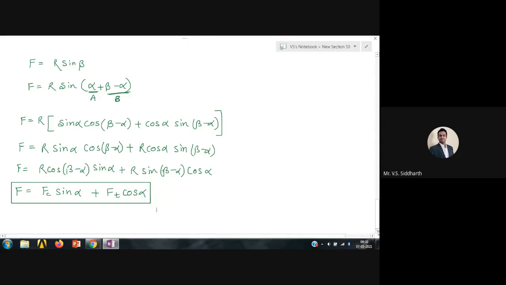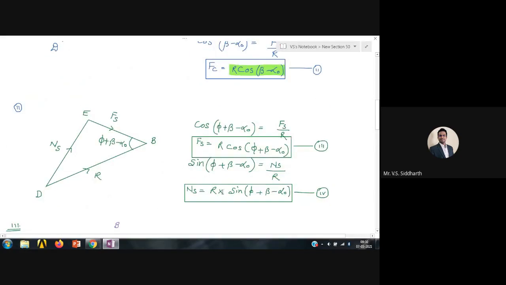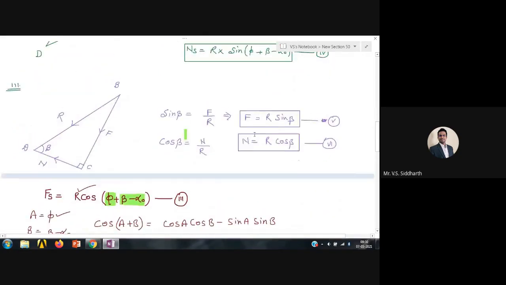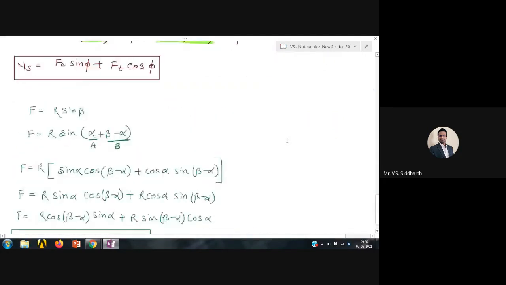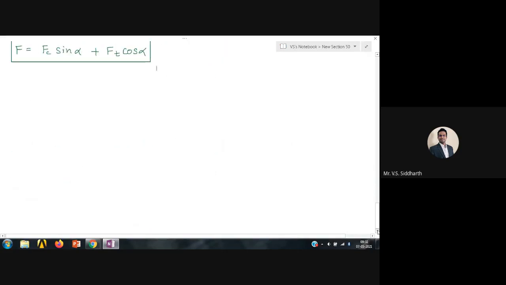The next one is normal to friction. What is normal to friction? N equals to R cos beta. If you understood how to do it, you can also do it on your own and finally tell me the final expression. Meanwhile, I'm solving it, but those who understood, they solve it on your own.